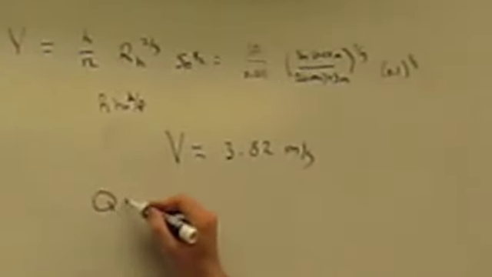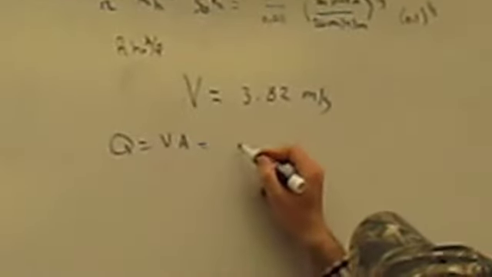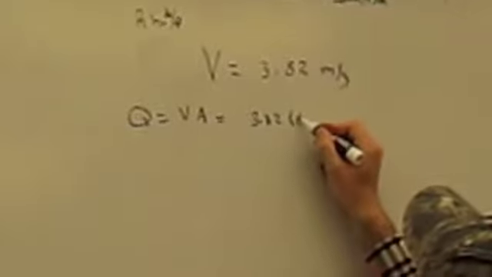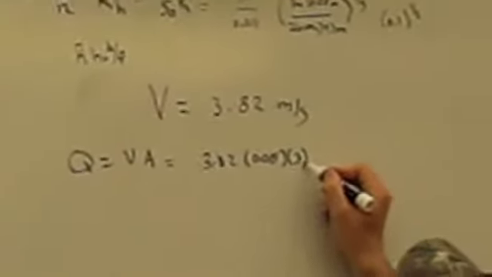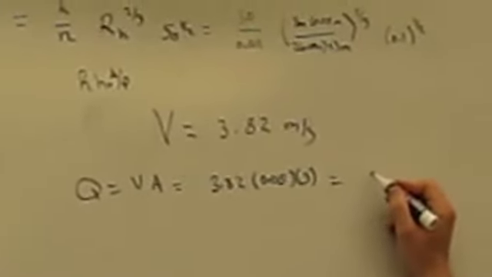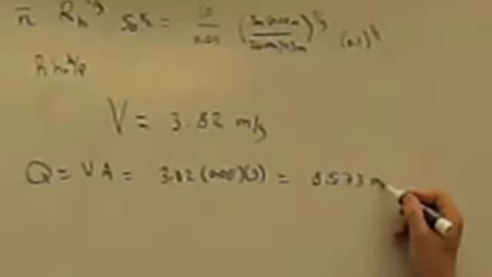This gives us a V of 3.82 meters per second. We know Q is equal to V times A, and therefore 3.82 times 0.05 times 3, which is our area, is equal to 0.573 meters cubed per second.